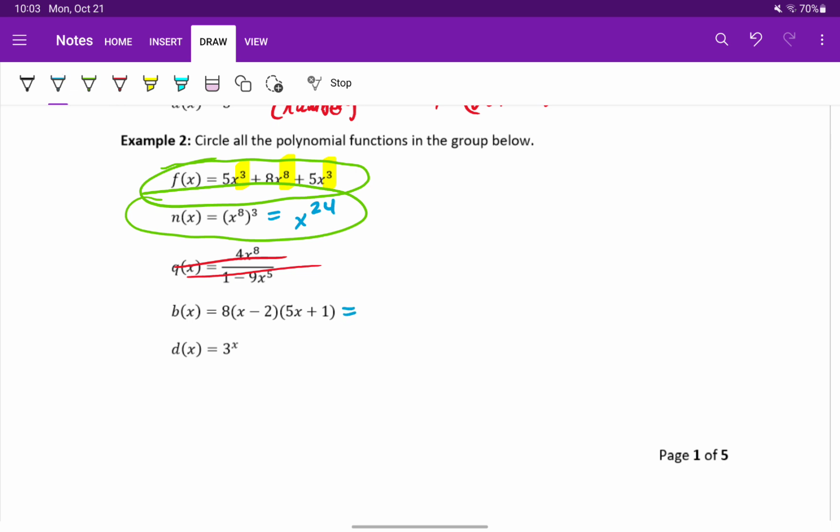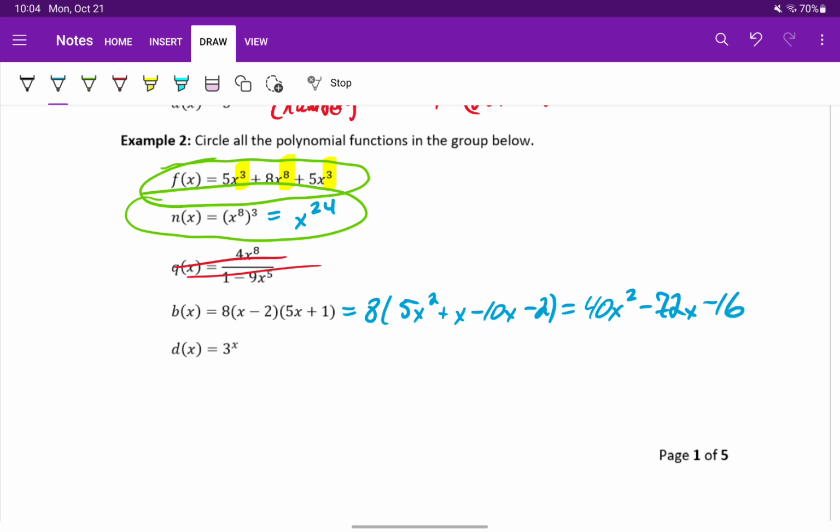B of x doesn't initially look like our same pattern, but if we multiplied this out, we would get 5x squared plus x minus 10x minus 2, which would be the same thing as 40x squared minus 72x minus 16.